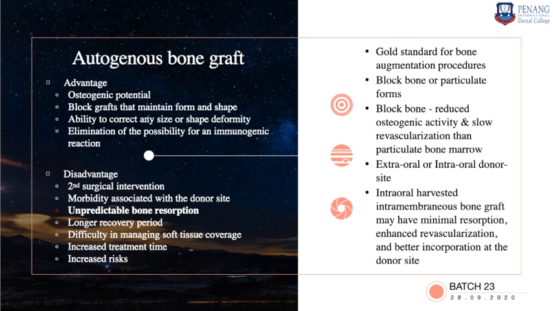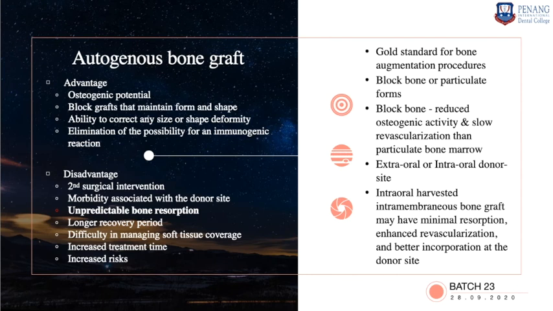So, coming on to the advantages and disadvantages of the autogenous bone graft. The advantage of autogenous bone graft is its capability of osteogenesis, so it can induce osteoblast formation and bone formation, resulting in regeneration.